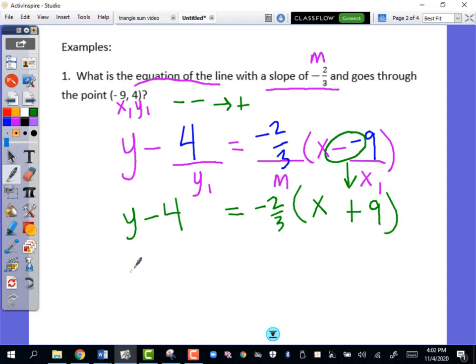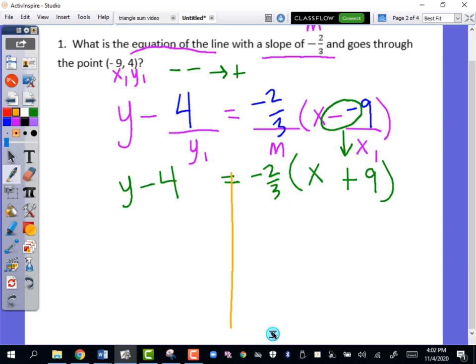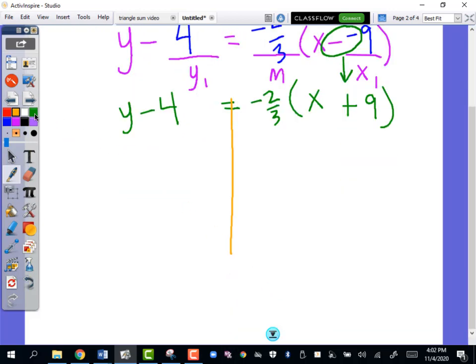If it asks me to solve for y, like into slope intercept form, then I need to keep going and solve for y. So I'm going to draw the line down my equal sign. And I'm going to multiply. This -2/3 needs to multiply into the parentheses.